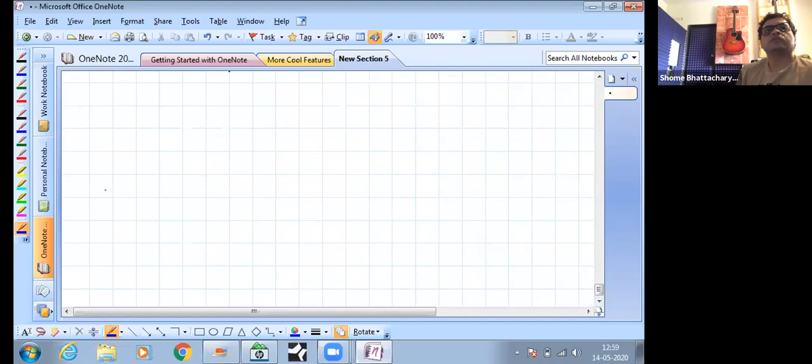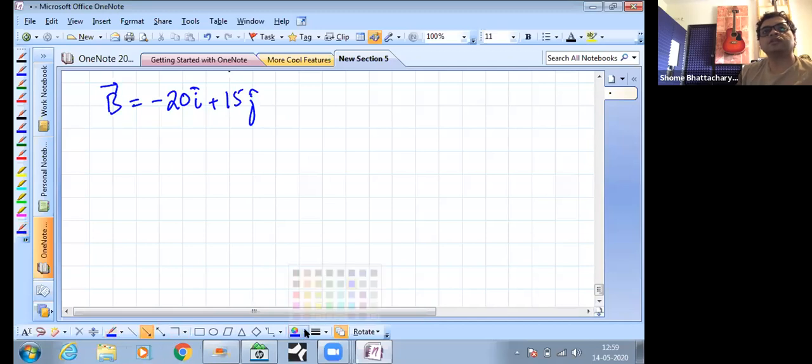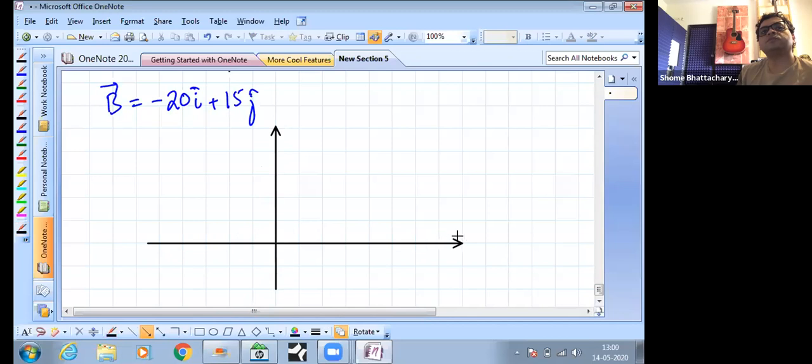Now similarly, let's go back to our vector B, which was minus 20 i cap plus 15 j cap. So let's figure that out. The vector B was like this. First let's figure out how it looks in the quadrant frame. The moment you draw it in a proper XY system, you'll realize that it lies in the second quadrant because it has an X component which is negative and a Y component which is positive.